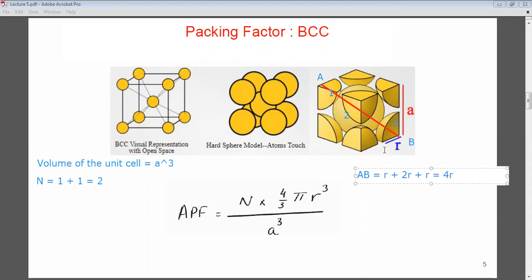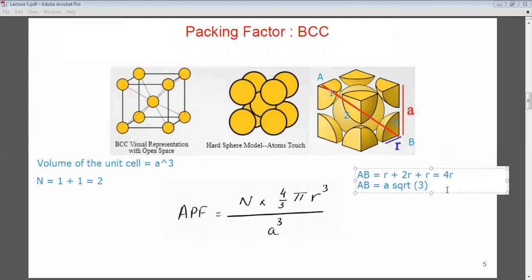Now, if I want to calculate it in terms of this edge A, because this side over here is A, you need to prove it yourselves that AB is A square root of 3. In order to prove it, you just Google: what is the length of the long diagonal inside a cube?